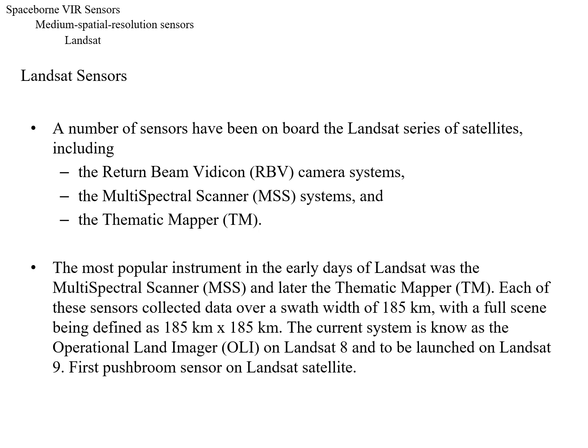Each of these sensors collected data over a swath width of about 185 kilometers, with a full scene being defined as 185 kilometers by 185 kilometers. Note that these are cross-track scanning systems, so there really is no scene height.